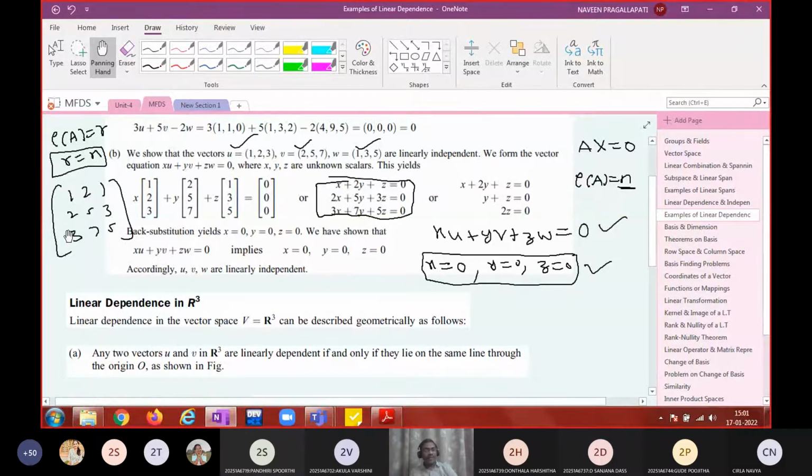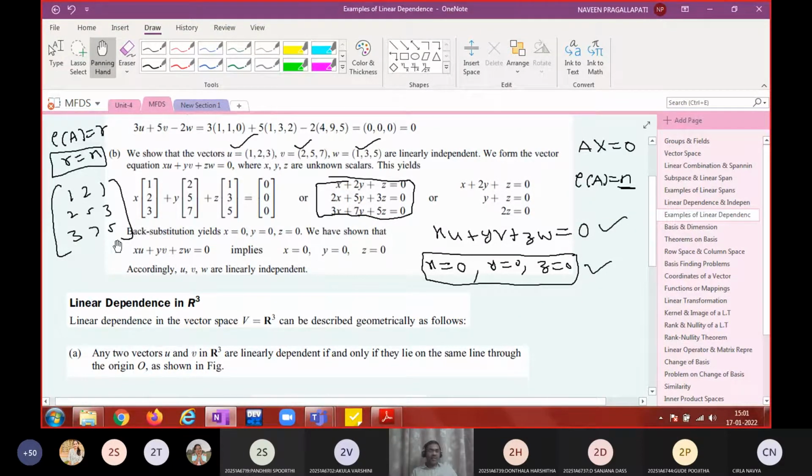Or you convert into echelon form, you count the number of non-zero rows, and you will notice that the rank equals 3. With rank equal to 3, it has only one solution, which is the trivial solution. What is the trivial solution? x equal to 0, y equal to 0, and z equal to 0. That means this linear combination is 0 only for these values of x, y, z. That means to say that u, v, w are linearly independent.